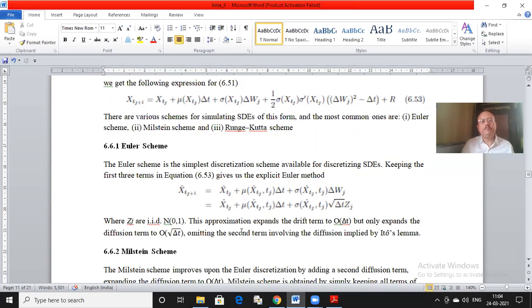Of course, the approximation is now of the order of delta t. This expands the drift term to order of delta t, but the diffusion term only to order of root delta t. So omitting this second term, which is essentially the diffusion term, the order of the magnitude of error is obviously not very good.